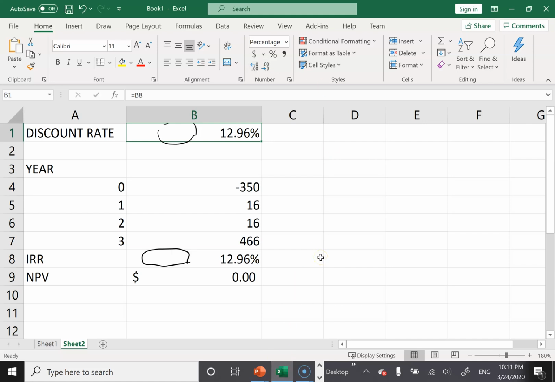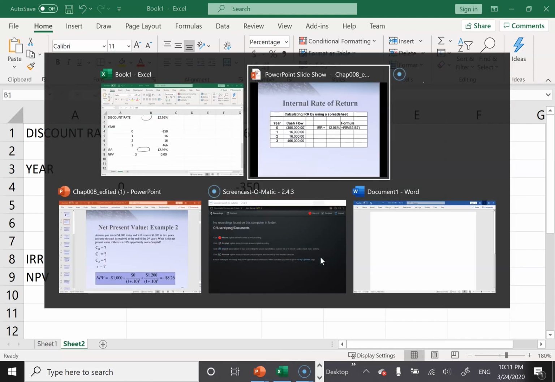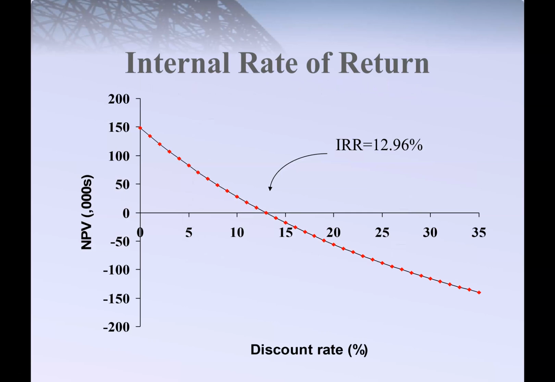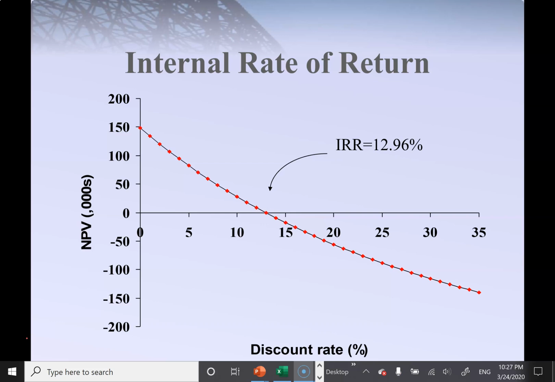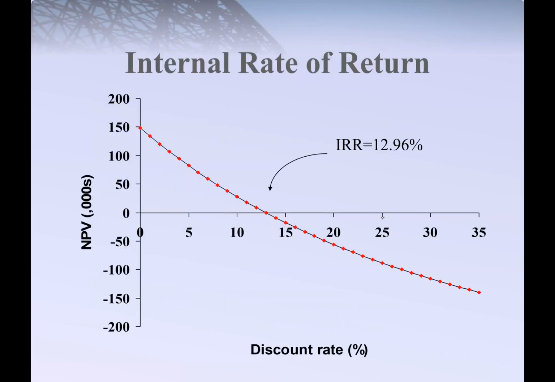The reason why the internal rate of return and the net present value have such a relationship is that in normal cases, the discount rate and the NPV have a monotonic inverse relationship, as we can see in this graph. The horizontal axis is the discount rate, and the vertical axis is the net present value.